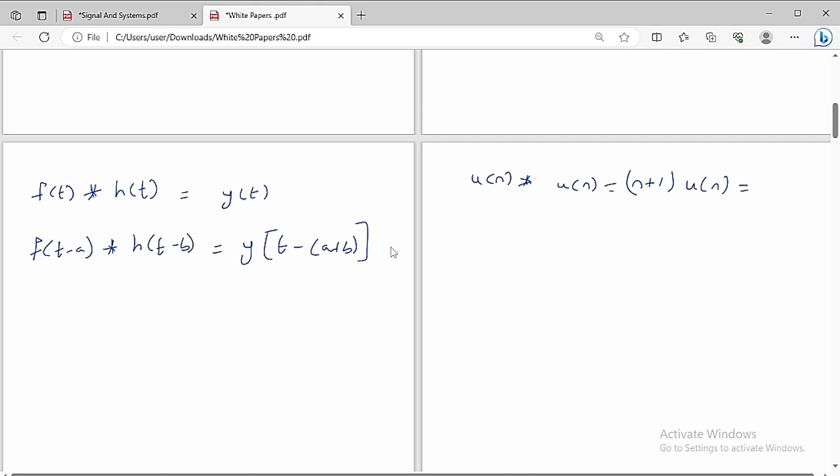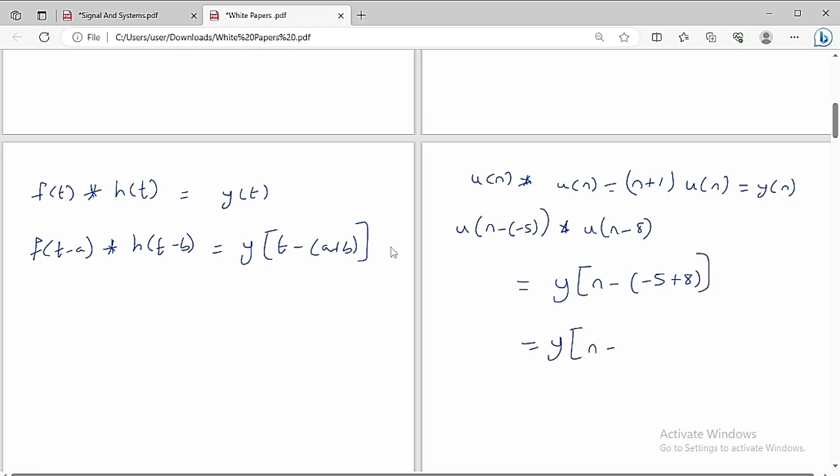Let me assume this is y of n. Then u of n minus of minus 5 convolution of u of n minus 8. So what are we going to get? y of n minus of minus 5 plus 8.